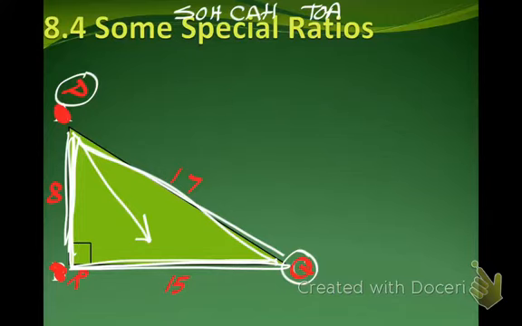Now, I want to take a second and think about how this might apply if I asked you for the sine of R. Pause the video, think about this. If I wanted the sine of R, what measurements might I be looking at? So hopefully if you think about this a little bit, you'll realize we're looking for opposite over hypotenuse, right?